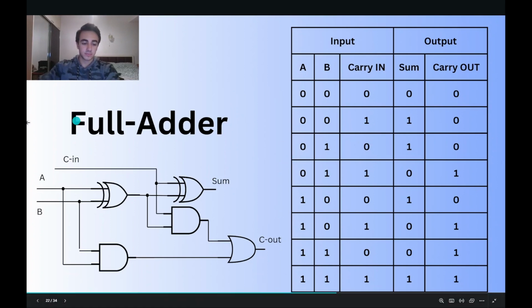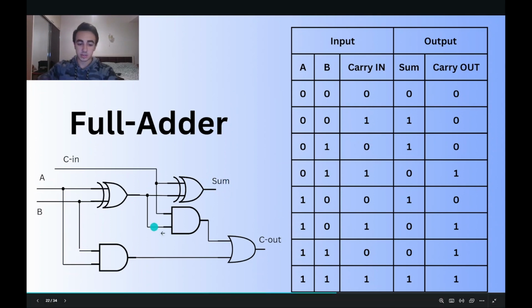This is the circuit for full addition. A and B are processed through XOR that outputs their sum. Their sum is also processed through XOR with carry in, which outputs the sum that also takes into account the carry in.